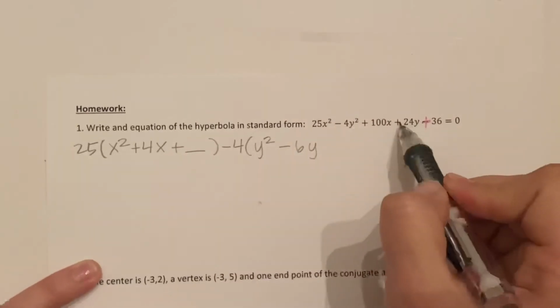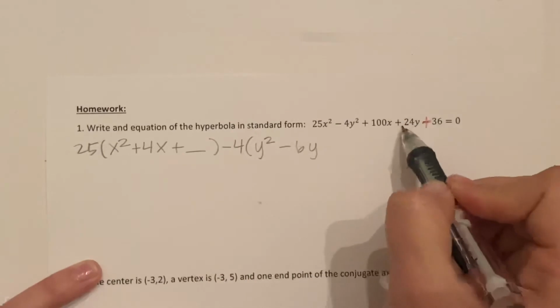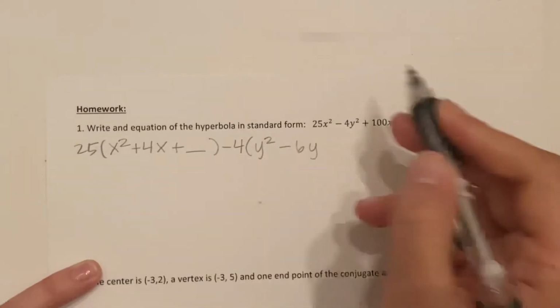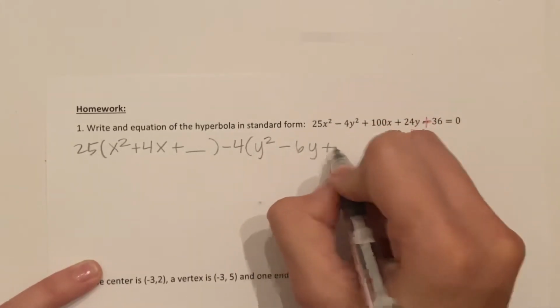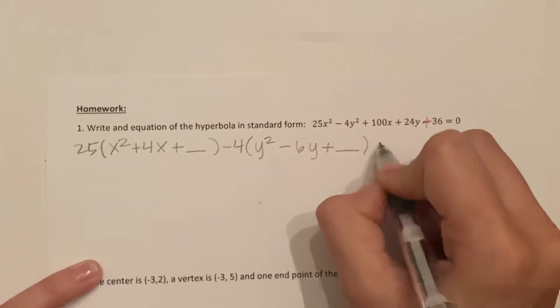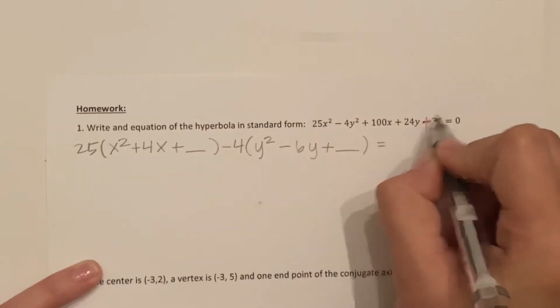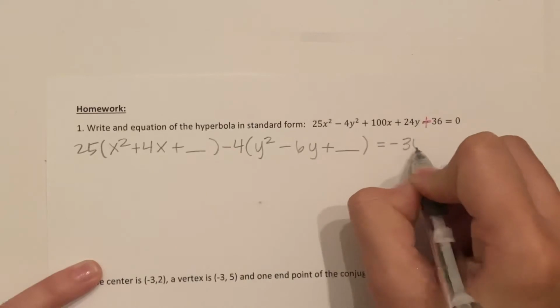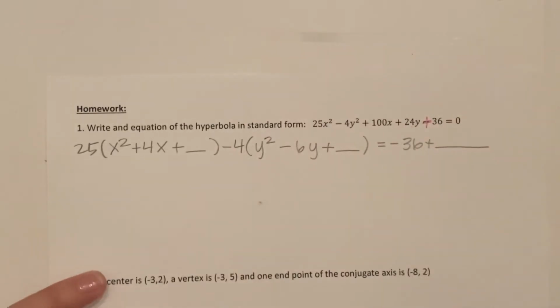Since I factored out a negative, I had to make this a negative because 2 negatives will make the positive. I'm still doing plus blank equals, and if I move this, it becomes -36 plus blank.